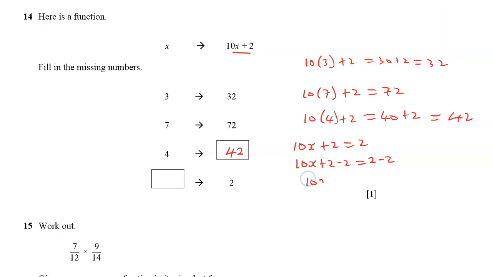So this will be 10x, 2 minus 2 is 0, equal to 2 minus 2 is 0. So x, which number do you multiply 10 by to get 0? x is 0. You can prove it. You can show that 10 times 0 plus 2 is equal to 0 plus 2, which gives you 2, which is this one.